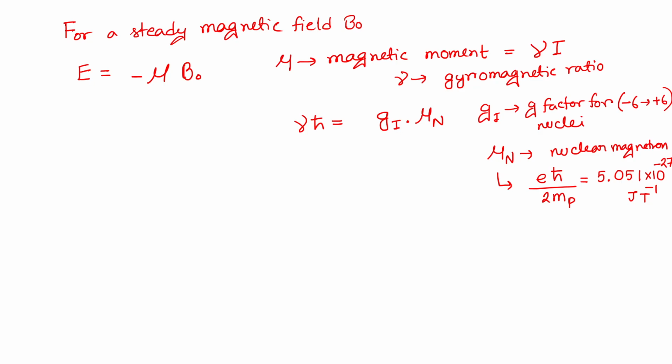Now, if we consider only the magnetic field along the z-axis, because we don't want to work with all the components of the I nucleus, and we want to focus only on the z component of I, then we need to look at the field along the z-axis only.